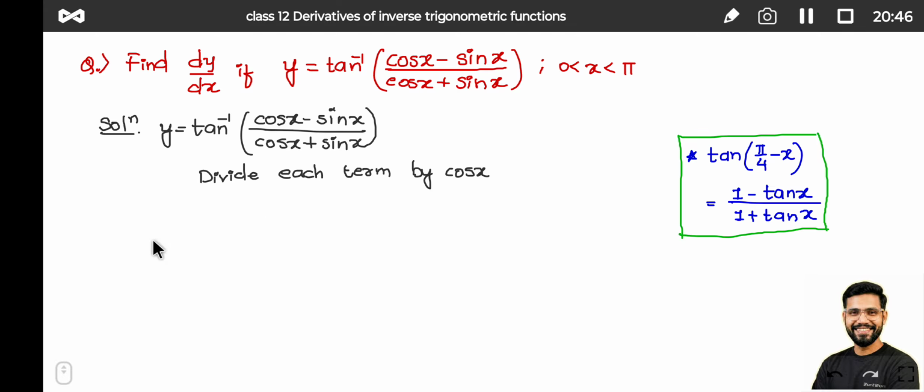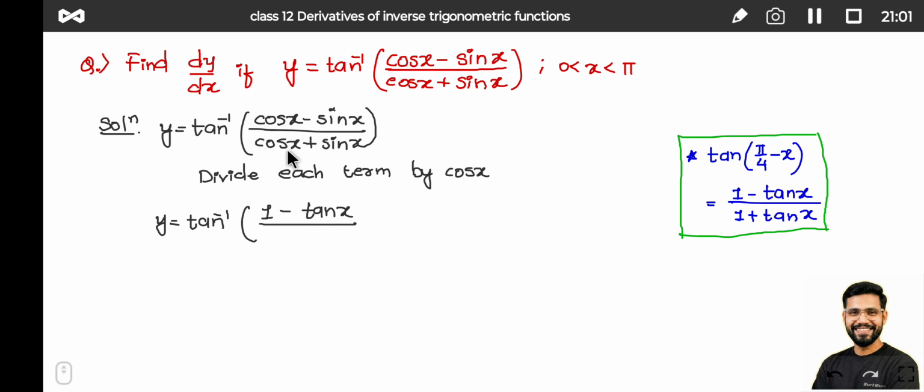So if we divide each term by cos x, what we'll get, y is equal to tan inverse of bracket, so cos x upon cos x, which is 1, minus sin x upon cos x, which is tan x, whole divided by, in the denominator also, cos x upon cos x, which is 1, plus sin x upon cos x, which is tan x.